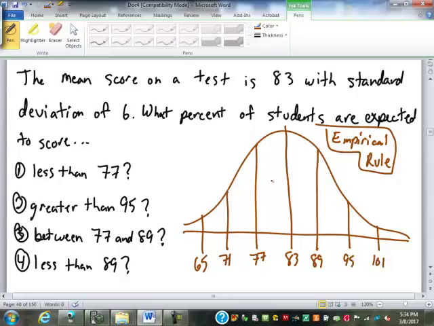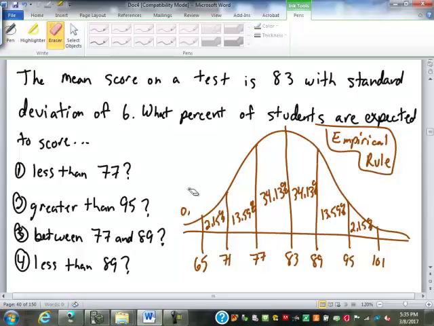And the percents: 34.13% in each of these, 13.59 in each of these, 2.15 here and here, and 0.13 on each of the outside tails.